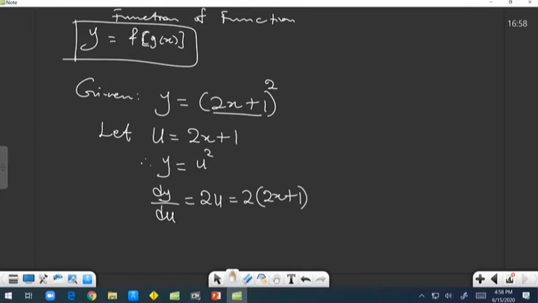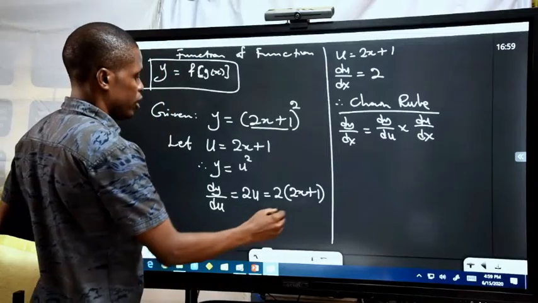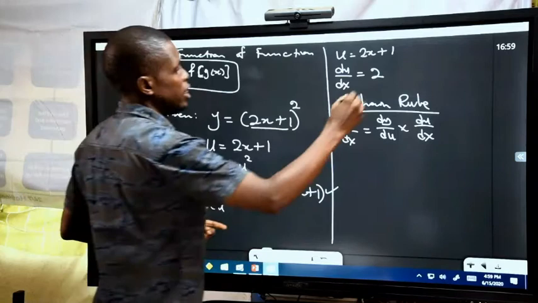And we also differentiate u. Since u is equal to 2x plus 1, then we can say that du over dx is equal to 2. So therefore, by the concept of a function principle, which is called chain rule, by chain rule, we say dy over dx is equal to dy over du multiplied by du over dx. dy over du is this, and du over dx is this.